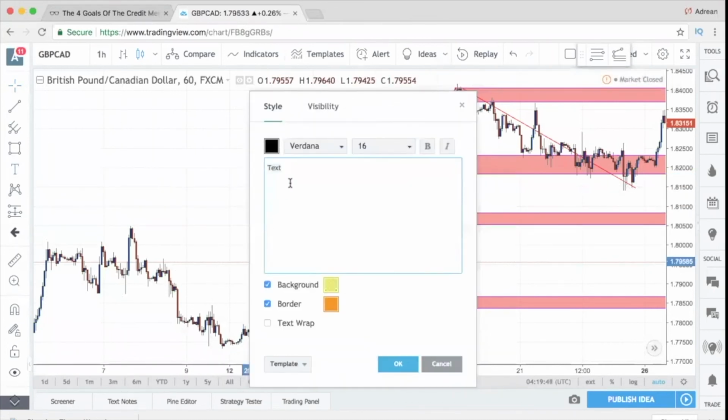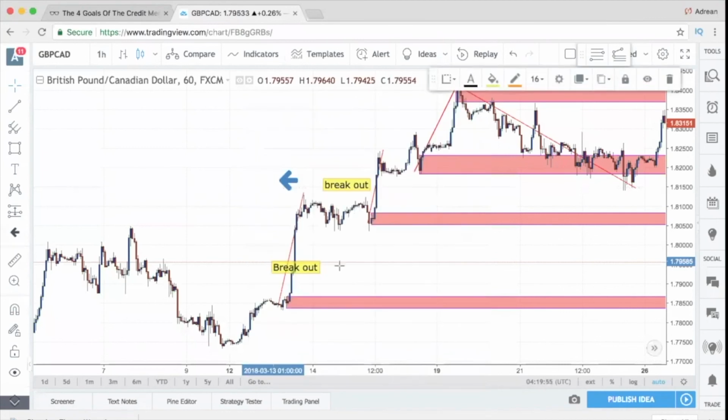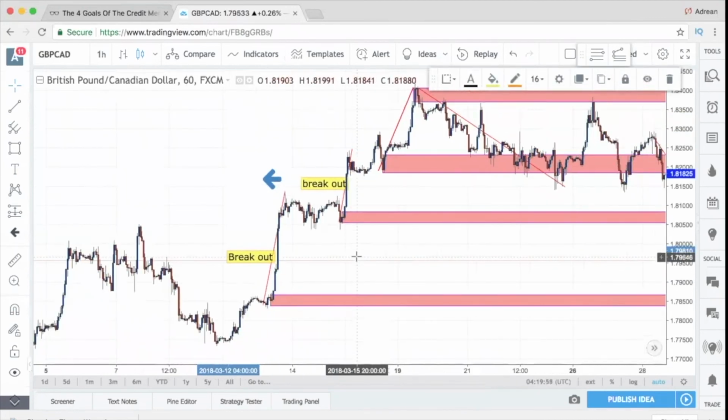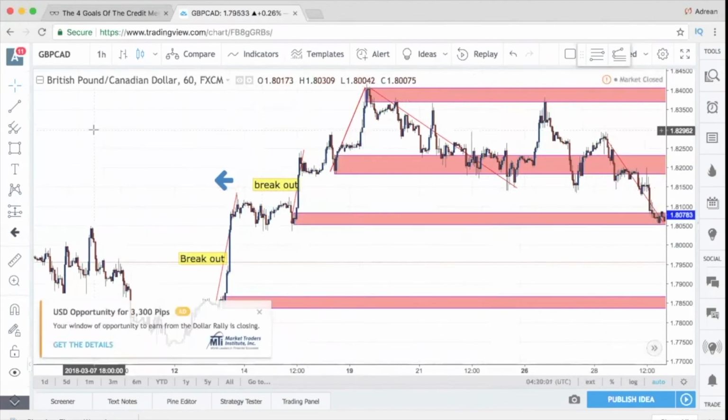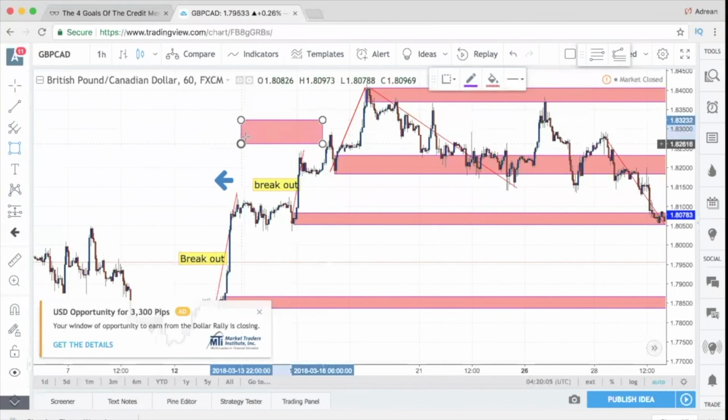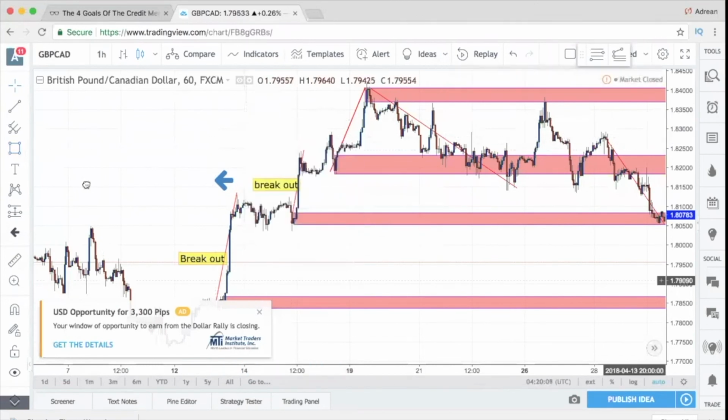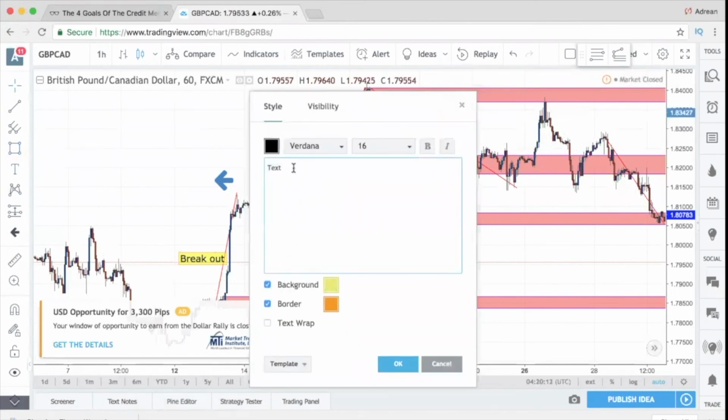That's a breakout. I need you to recognize breakouts, because once an area has broken out before, what do you think is going to happen again? It's probably going to do the same thing, right? That is what supply and demand zones are about. So you just want to label those breakout areas, okay?